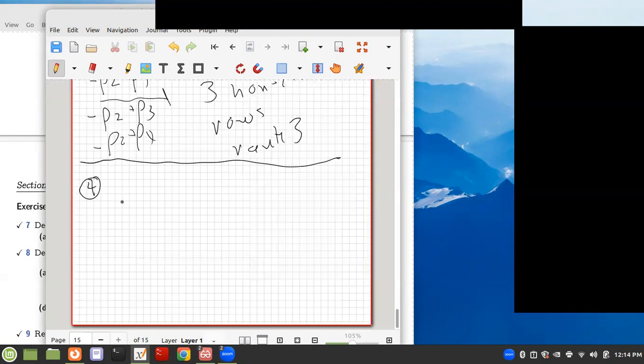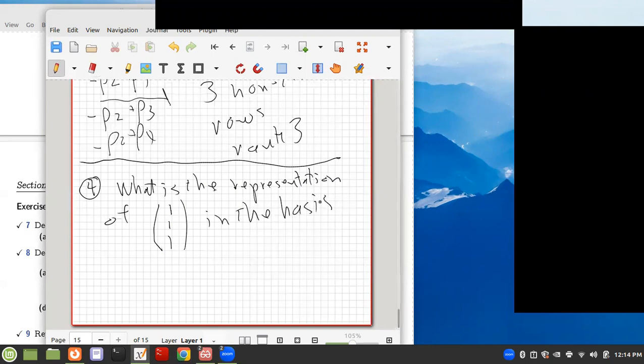Okay, so let's ask: what is the representation of 1, 1, 1 in the basis 1, 0, 0, 1, 1, 0? Here's the basis B of R3C.